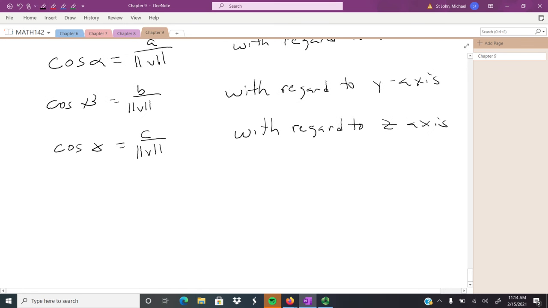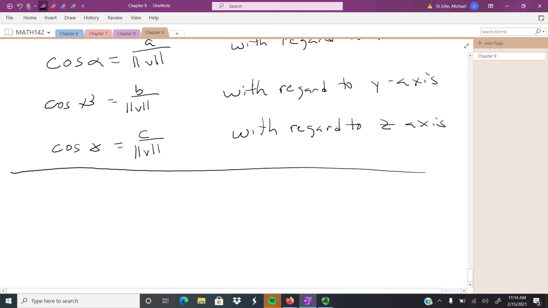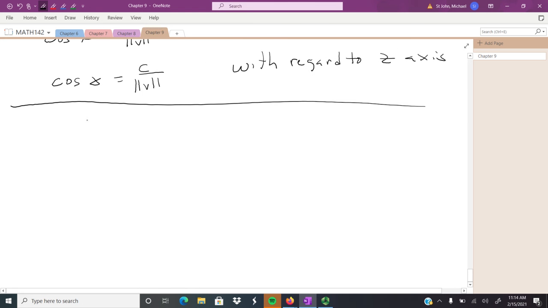And then the last thing that the chapter finishes off with: we had dot products, and now we have the cross product.